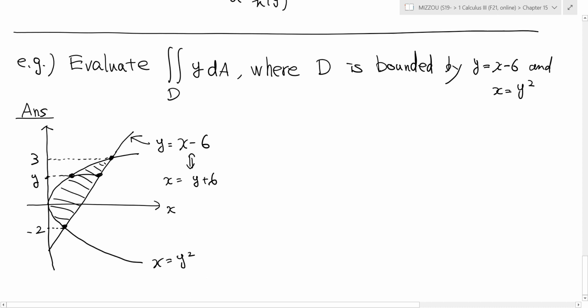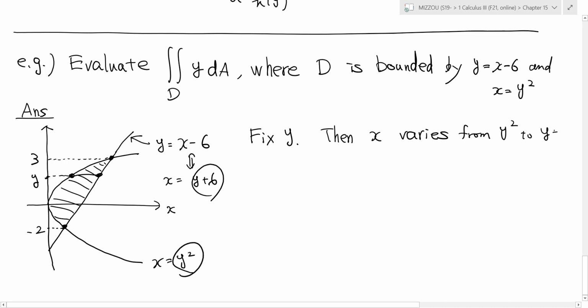So fix y, and then for each fixed y, x varies from y squared to y plus 6.